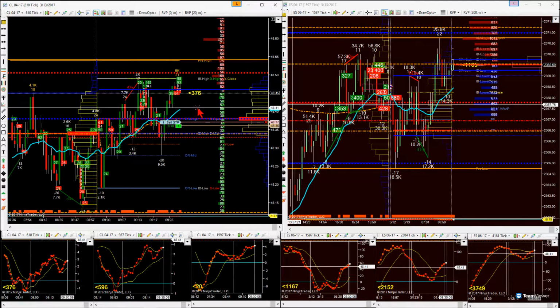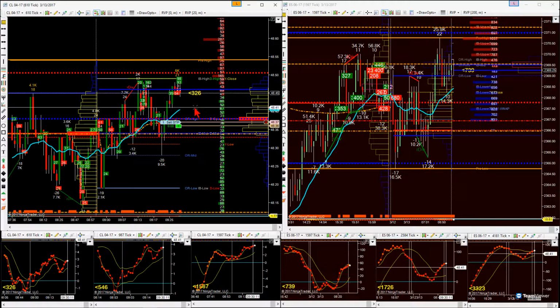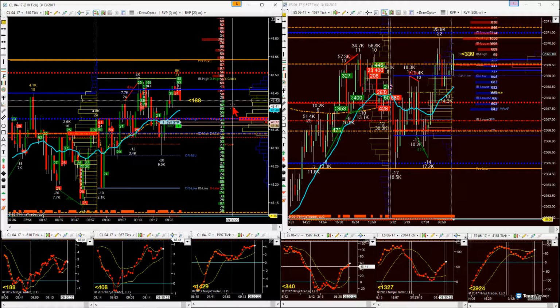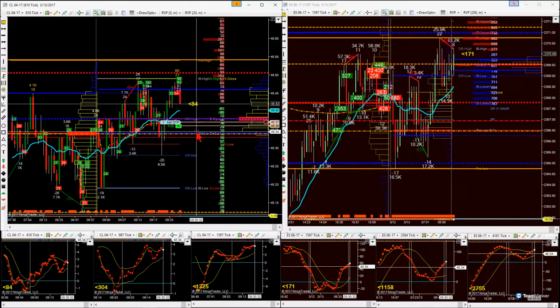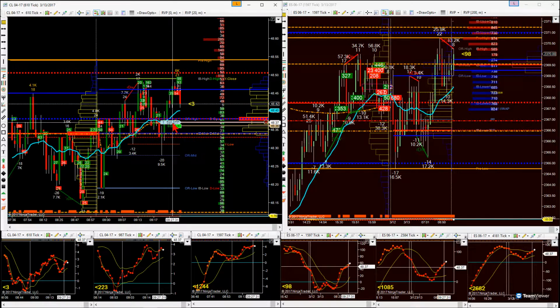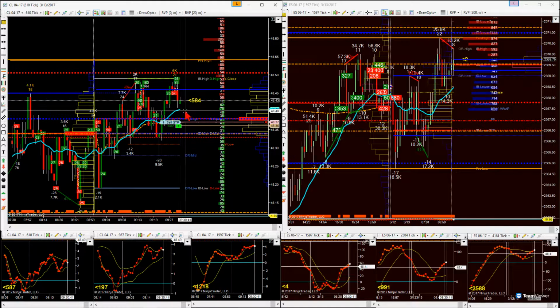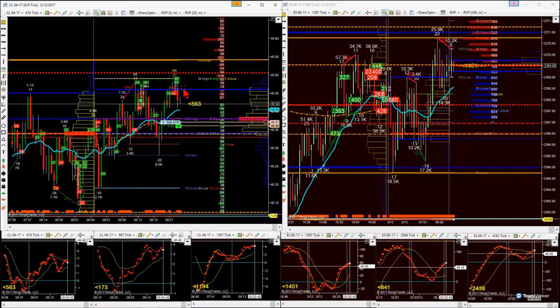Equities just opened. That is amazing, all the contracts that came in there to buy.